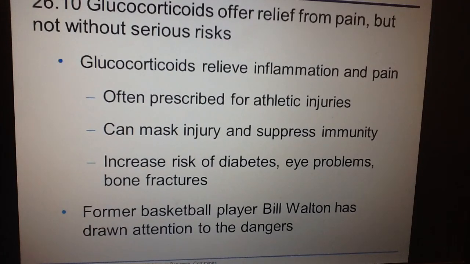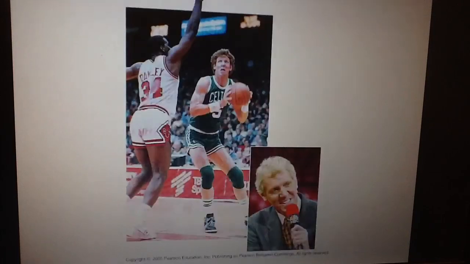People are using them. One of the things is that it actually does lower your immunity. It puts you at a higher risk for diabetes because of the increased glucose levels in your blood. It can actually cause bone fractures because your bones are no longer storing calcium like they should. And so it's not always good. We don't want to just add extra things into our body. Our body is naturally producing those things.